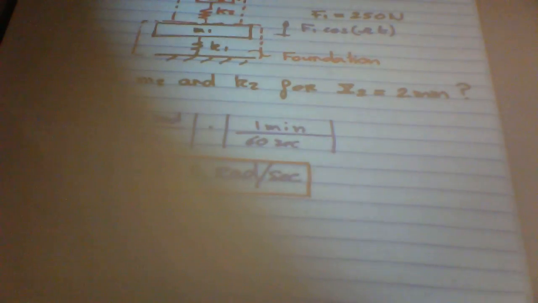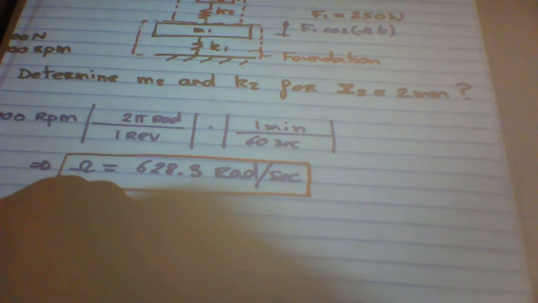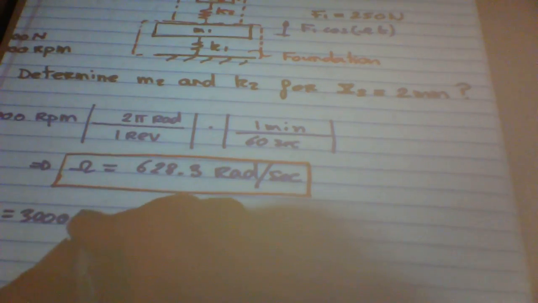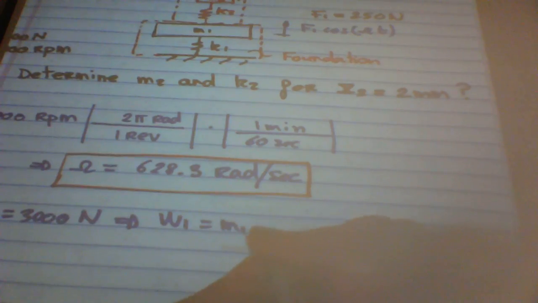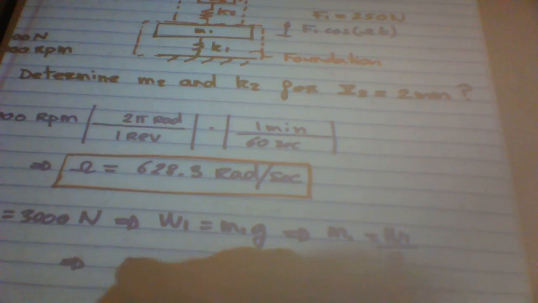Okay, I don't know why in this problem they gave us the weight to be 3,000 newtons. So what does that mean about the mass? It's that divided by g? Yeah. So how much would that be?